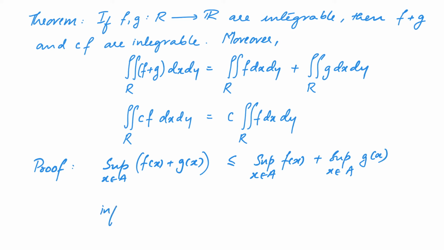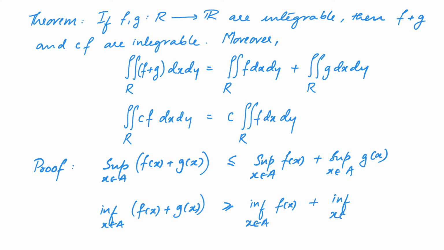And similarly, infimum over x of f(x) plus g(x) is greater than or equal to infimum over x of f(x) plus infimum over x of g(x). Therefore, we can conclude similar inequalities about the upper sum and lower sum.